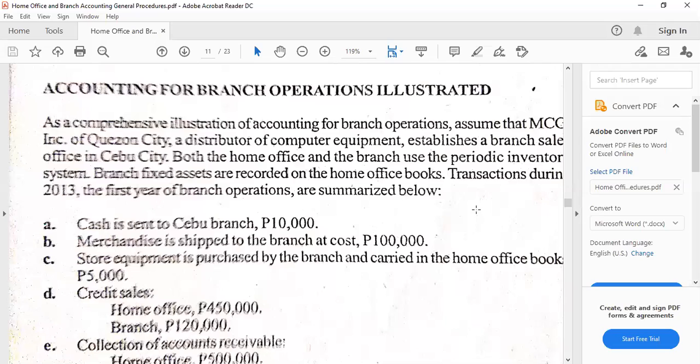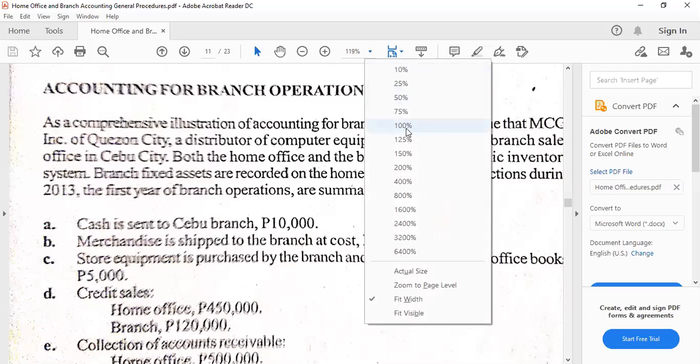And here it is. So as said in the first part, there are the so-called reciprocal accounts which are to be used in the recording of the transactions. Let us just remind ourselves that the recording of the transactions is very similar to what we have learned even from our previous accounting subjects, even from accounting 1.